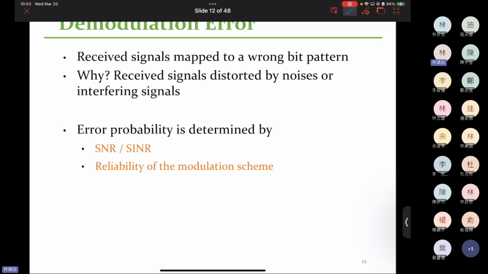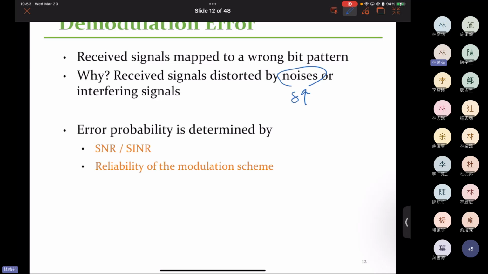Right? So we said that the demodulation error is that when you receive the signal with a noise too large, then you probably will convert this received signal back to a wrong bit pattern. Then in that case, you will have demodulation error. Why? Because the received signal may be distorted by the noise, which is too large, such that you cannot infer the signal correctly.